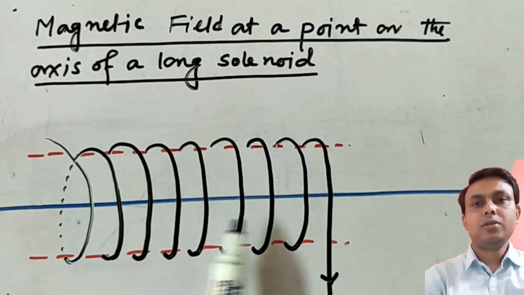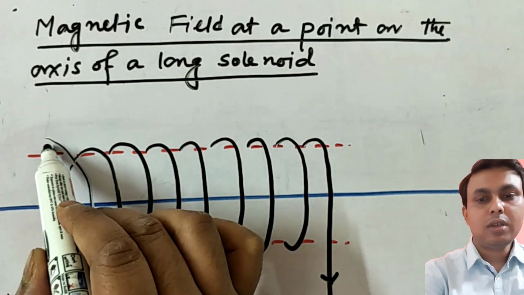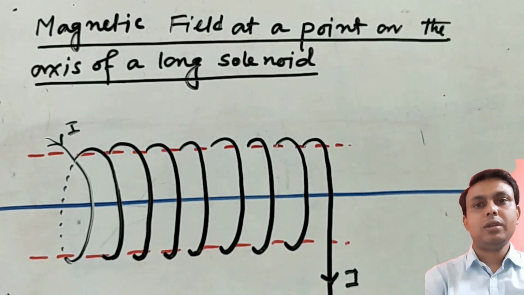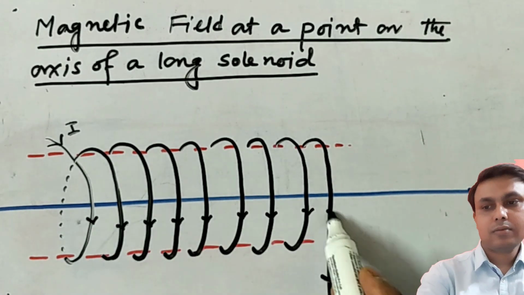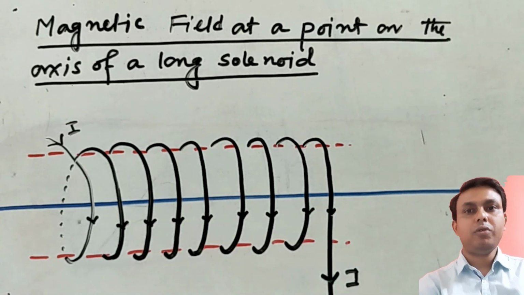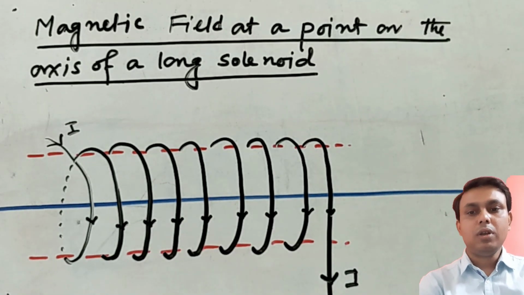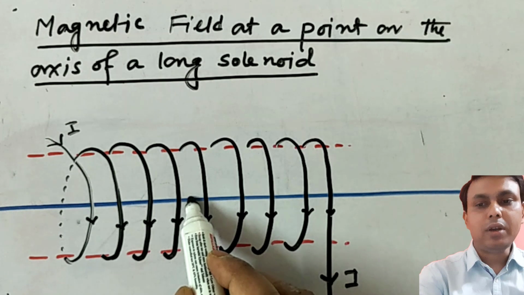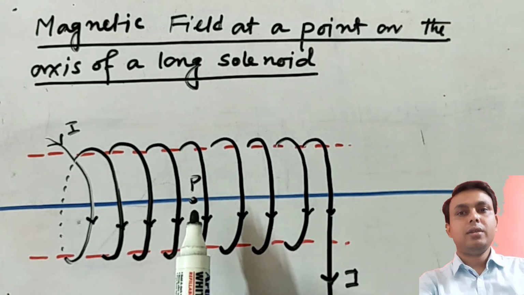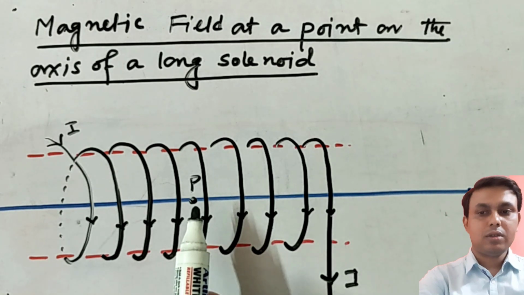Let this be a solenoid through which a current I is flowing, and this is the axis of the solenoid. We want to find out the magnetic field at a point P, which is on the axis of the solenoid.